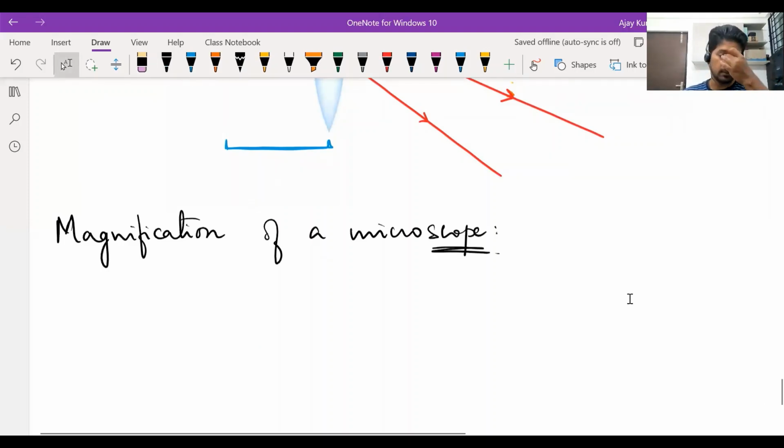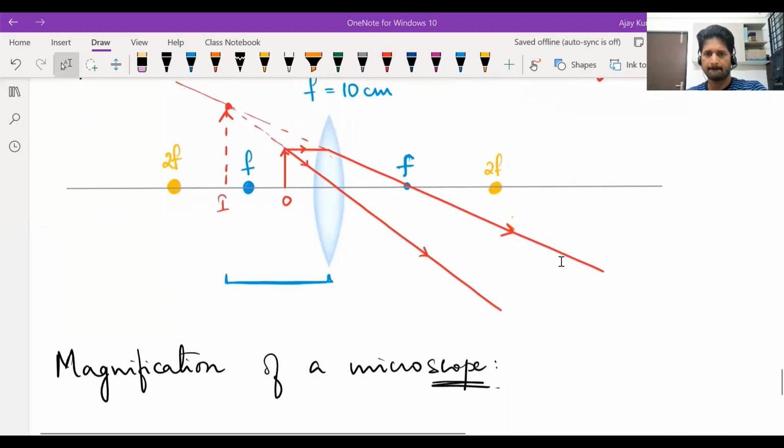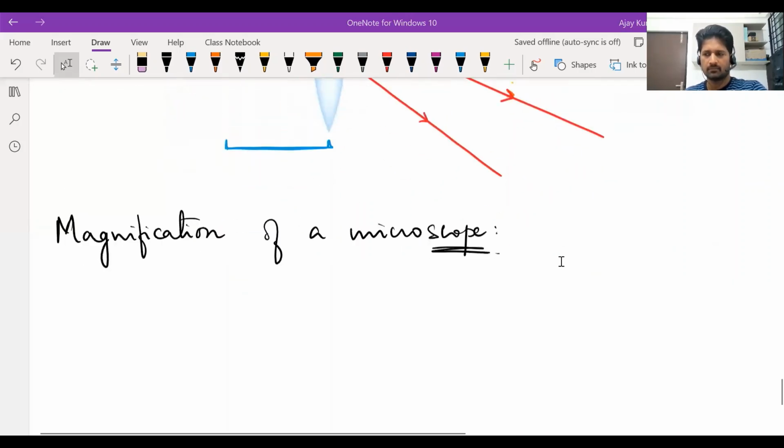Usually, one of you tell me, what is the definition of magnification? What is the basic formula for magnification? That is the enlargement of the image. That's the meaning. Formula?